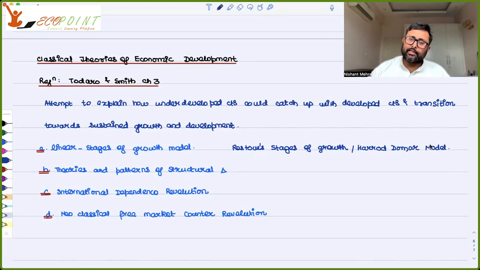And these successive stages of growth are primarily driven by capital accumulation. And how is that affecting growth? This is what we're going to do in Rostow's stages of growth and Harrod-Domar model. In theories and patterns of structural change, you have models such as the Lewis model of surplus labor.